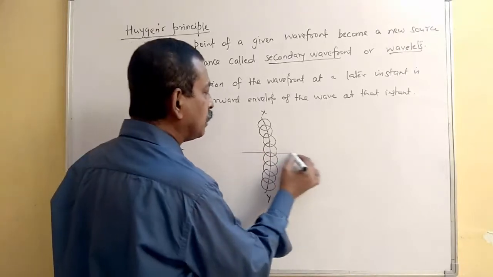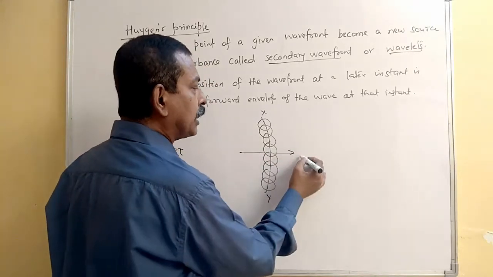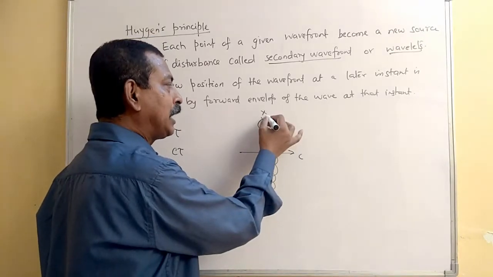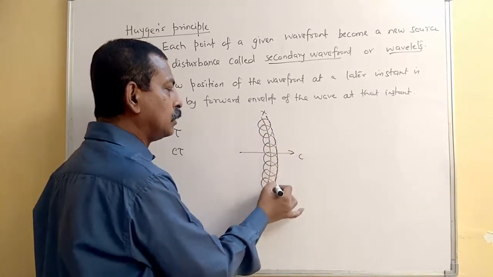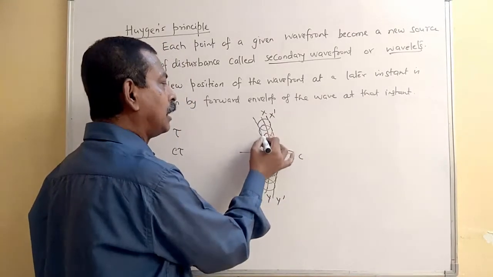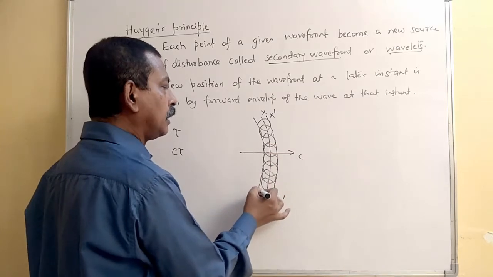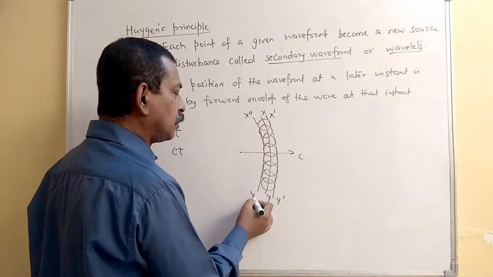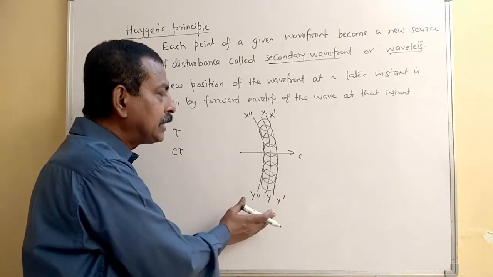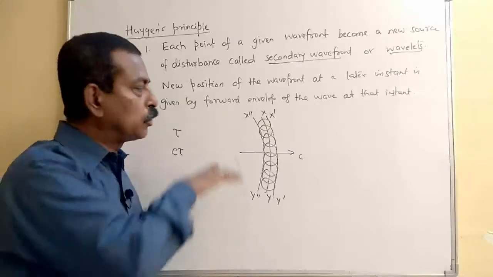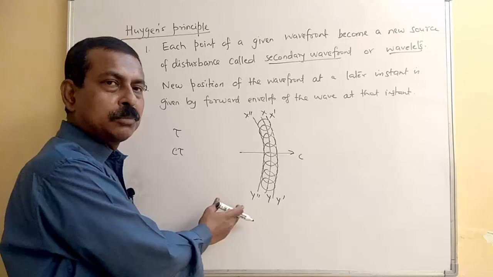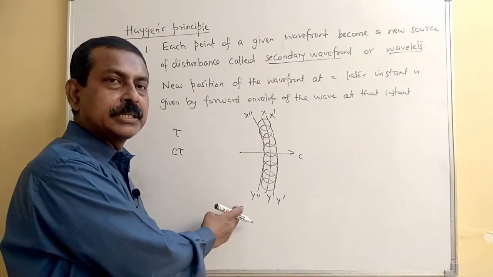Here, if the wave is traveling from left to right with speed c, I can draw a tangential plane as X dash Y dash, and another as X double dash Y double dash. Now X dash Y dash is the forward envelope of the wave because the wave is propagating from left to right, and X double dash Y double dash is the backward envelope.